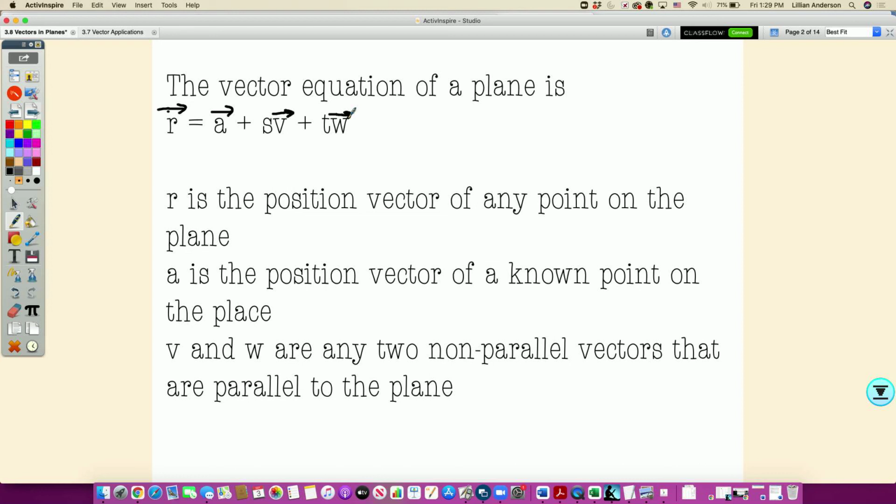But here we have two parameters, and we also have two vectors, W and V, which represent any two non-parallel vectors that are parallel to the plane.